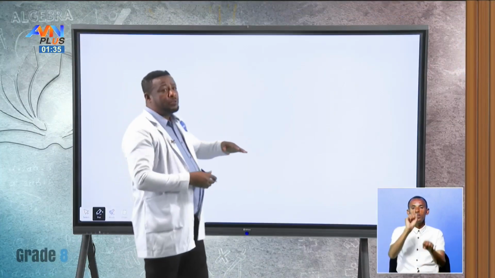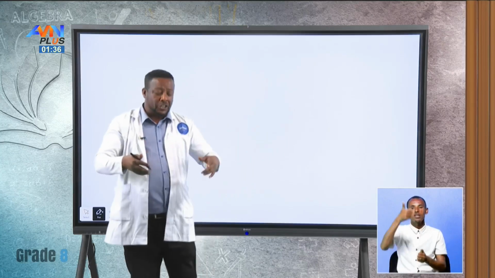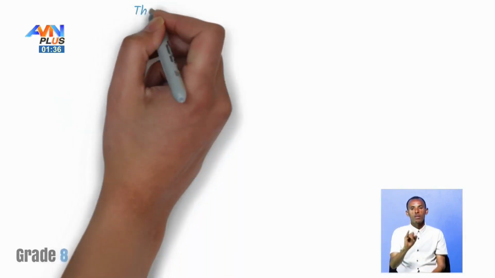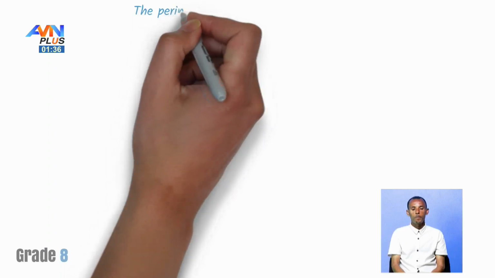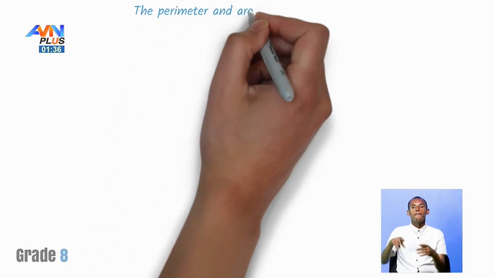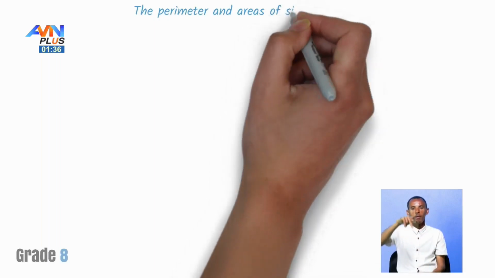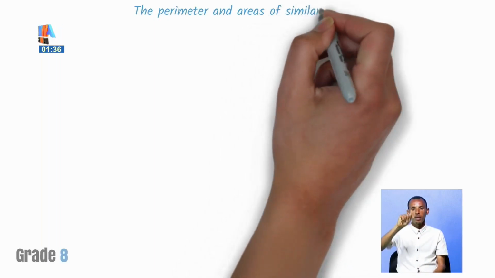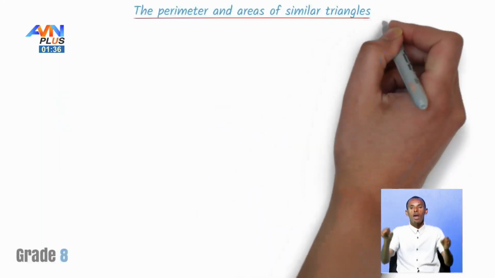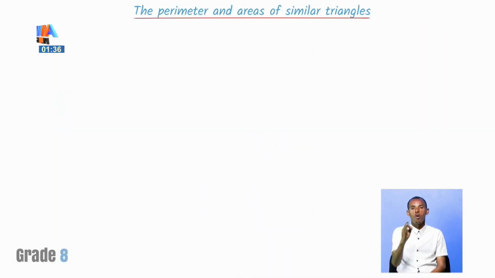So let's proceed to the other point of discussion for today. That point is the perimeter and areas of similar triangles.